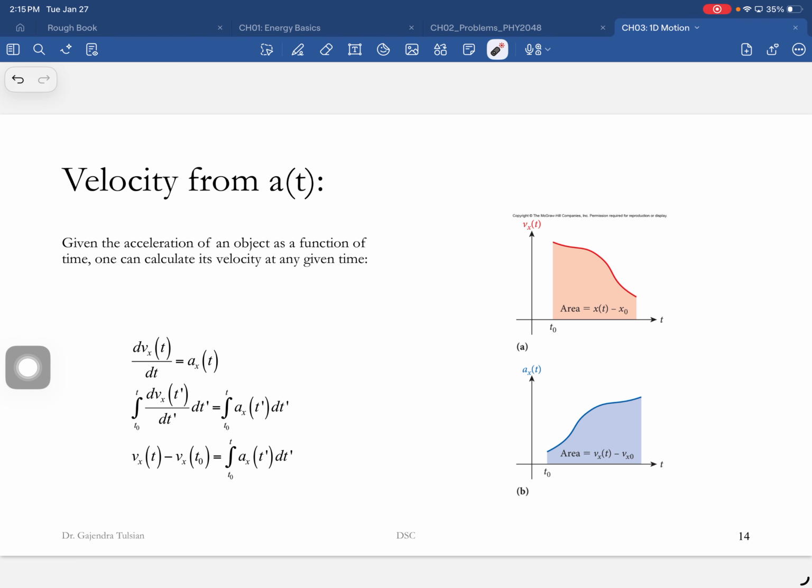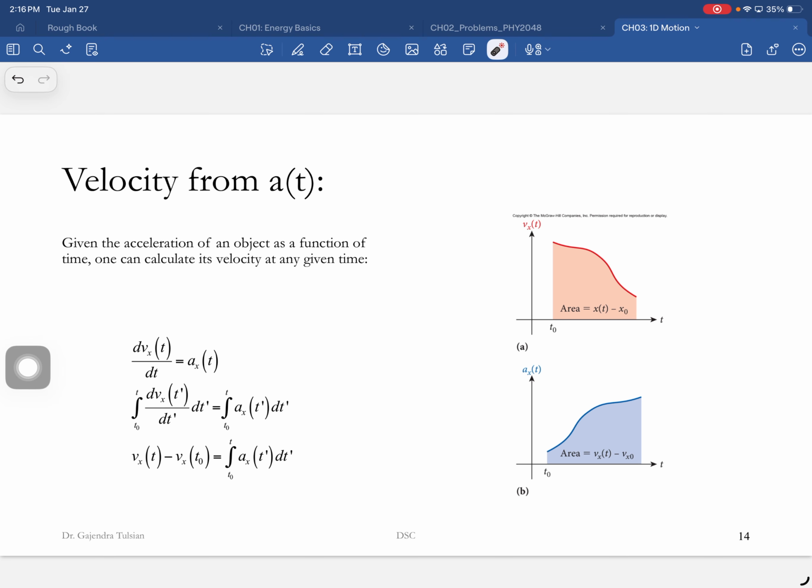And here's velocity as a function of position: final velocity squared is equal to initial velocity squared plus 2 times acceleration times the displacement. The further you have traveled, the faster you're going.